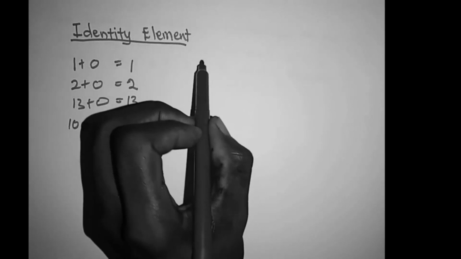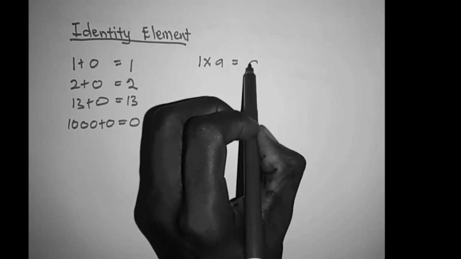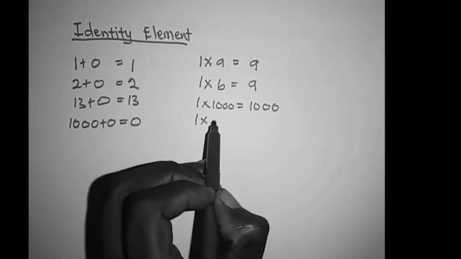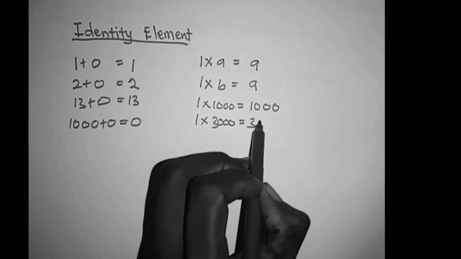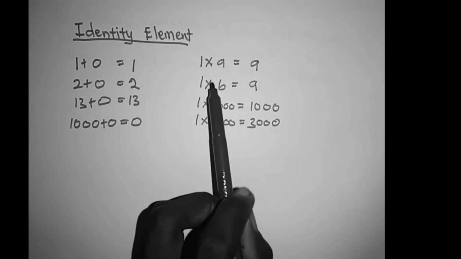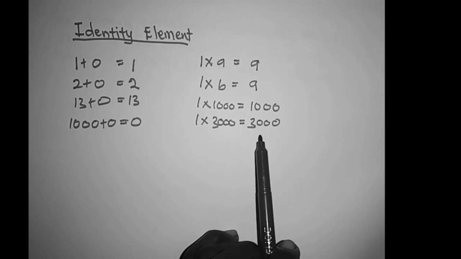Now let's come here. 1 times a equals a. 1 times 3000 equals 3000. So it doesn't matter the number that we multiply 1 by, we'll get back that same number.